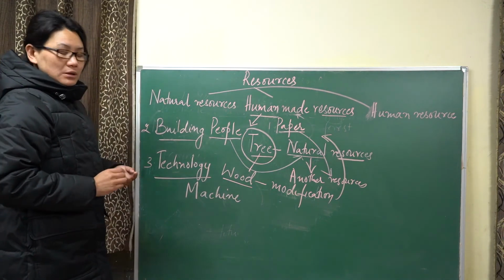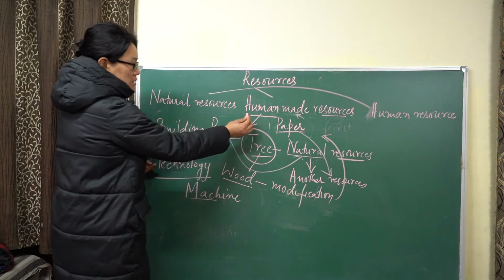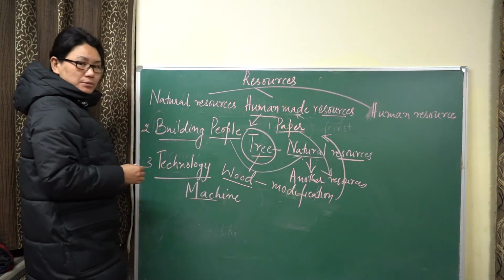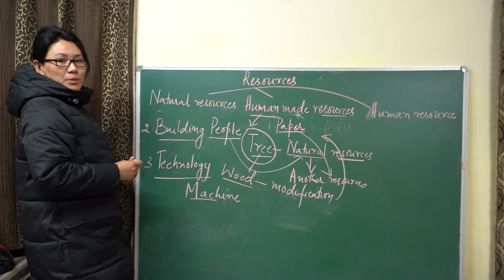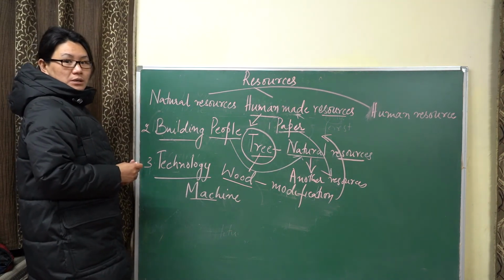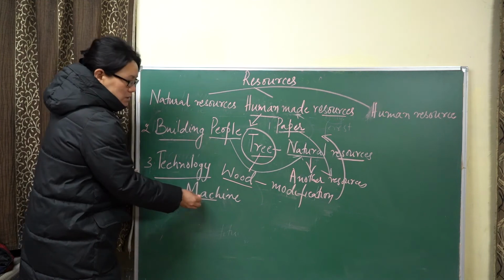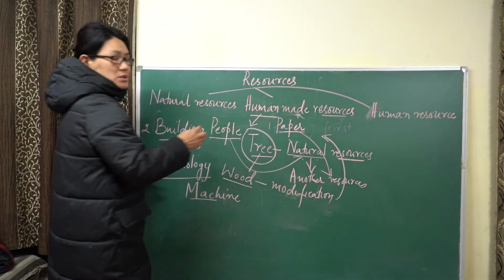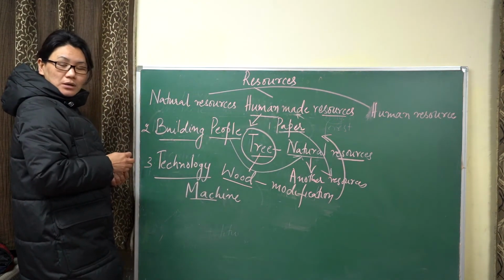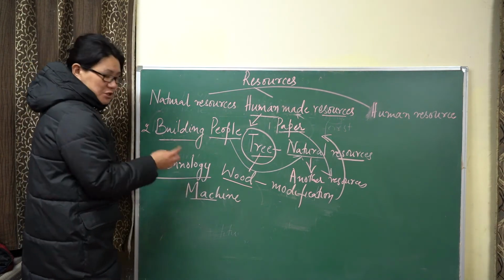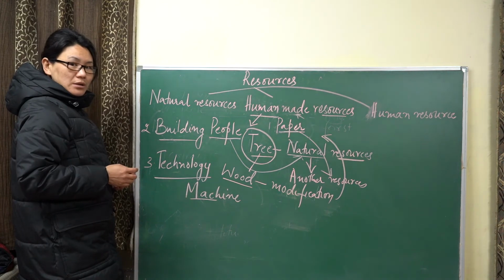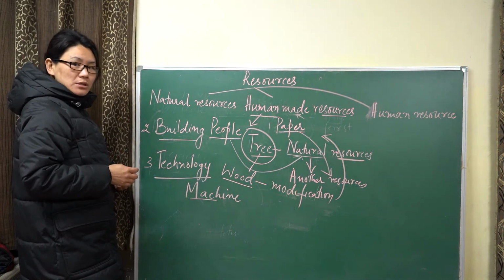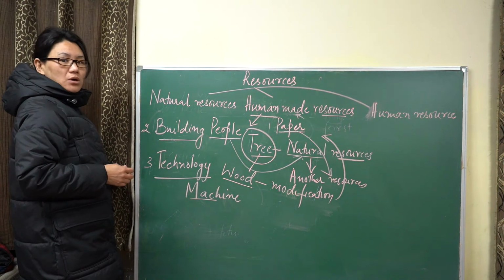Alright. Machine. Now this machine is human-made resources, right? It is made by whom? Human. Right. Now, this is also a resource here. When I say technology, that is machine, is it a resource here? Will it become a resource? Yes, it will become a resource.